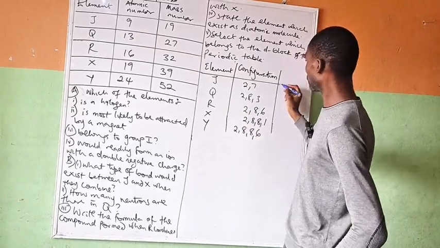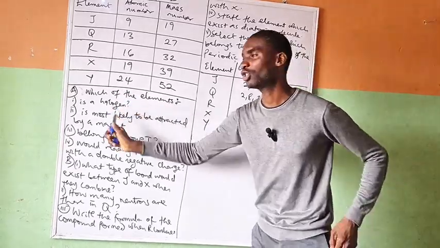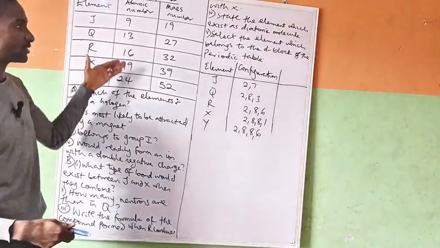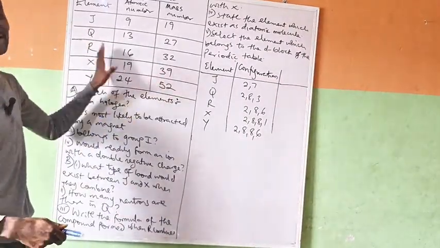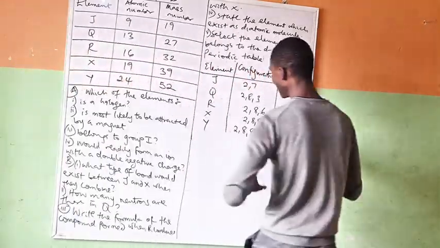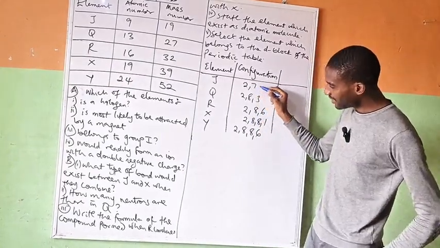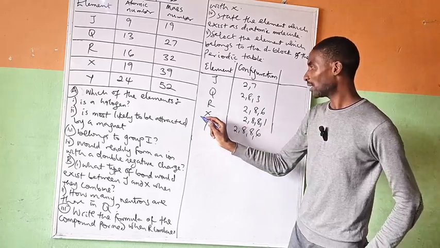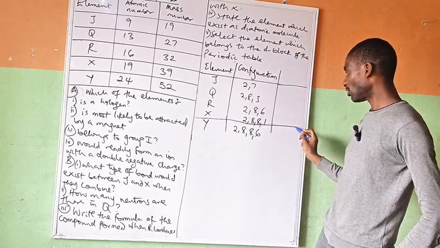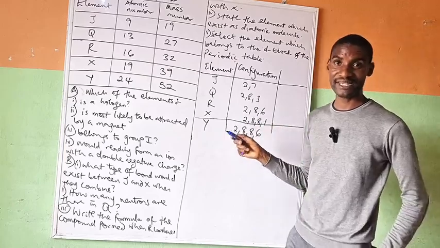And so now let's try to answer the question. They said which of the elements is a halogen? Halogens are elements in group 7. So which of them is in group 7? Merely looking at this, you would not be able to know which is in group 7. But to know the group an element belongs to, you make use of this configuration. For J to X, we can make use of that configuration because they are part of the first 20 elements.